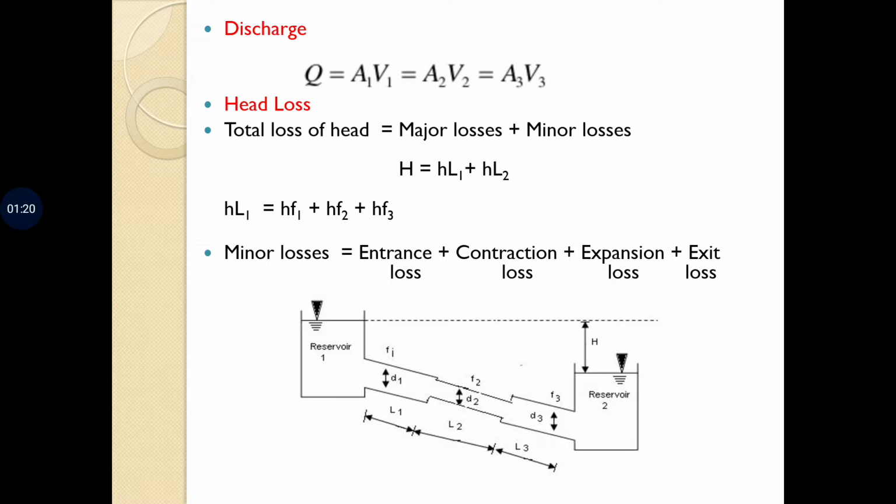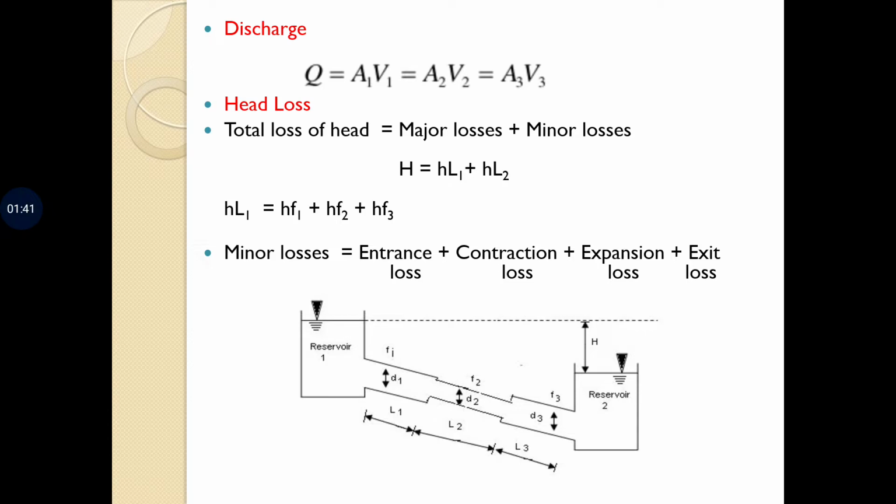Now let us see how the discharge can be calculated in this compound pipe. Discharge can be calculated by the continuity equation, Q = A1V1 = A2V2 = A3V3, and head loss H can be calculated by the summation of major loss as well as minor loss.